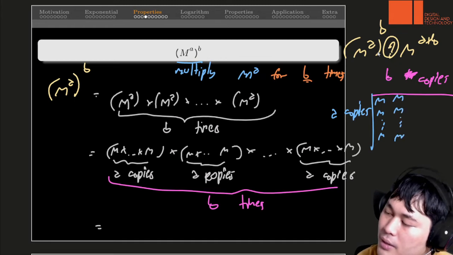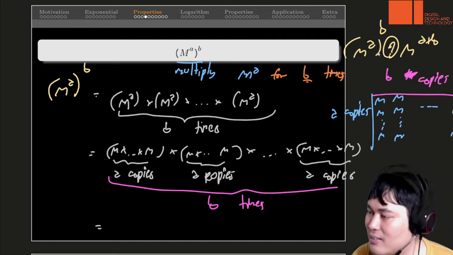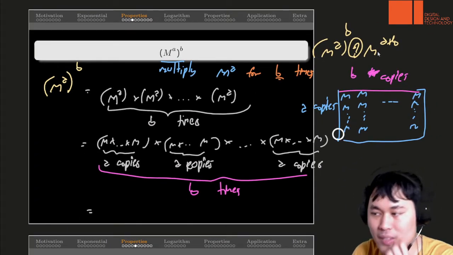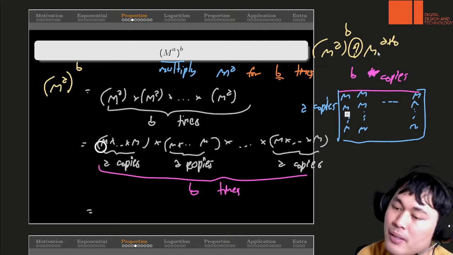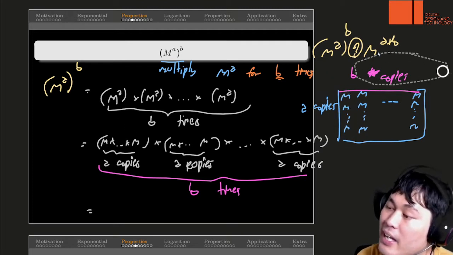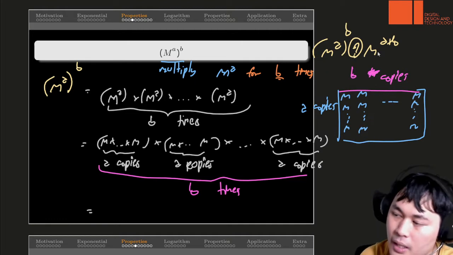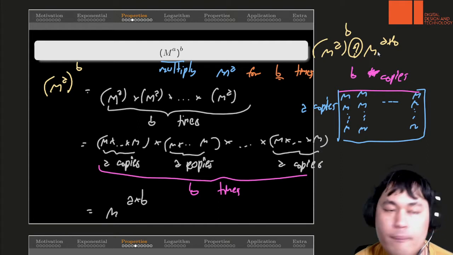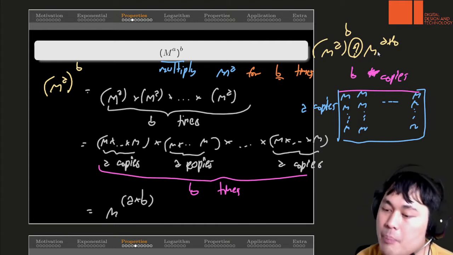And then you can see that this is kind of like a box. Each term has a copies, and there are b terms. Based on this image, you can see that we have a times b copies of m.